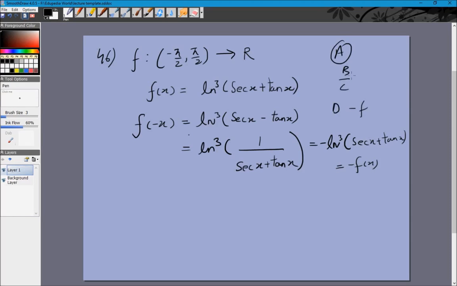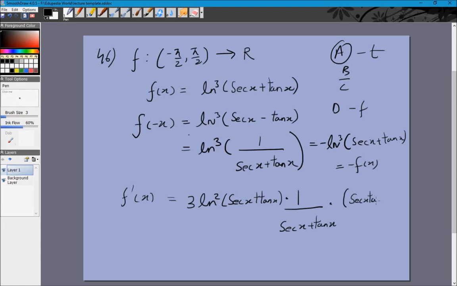Let's look at B and C. To look at whether or not it's a one-to-one function, we need to look at f dash of x, which will be 3 ln square of sec x plus tan x into 1 by sec x plus tan x into the derivative of sec x plus tan x, which is sec x tan x plus sec square x.